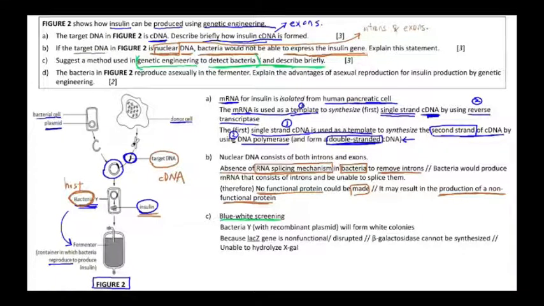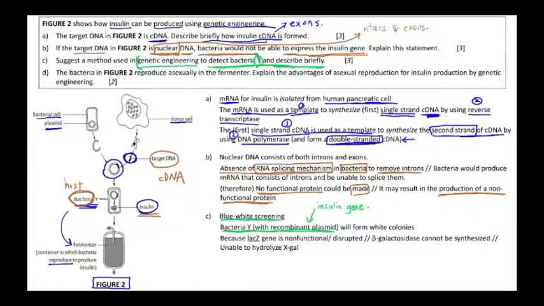Blue-white screening allows us to identify the bacteria with plasmid or without plasmid, as well as the bacteria with recombinant plasmid or non-recombinant plasmid. The one that we want here, bacteria Y, is the bacteria with recombinant plasmid, which means the plasmid with the insulin gene.